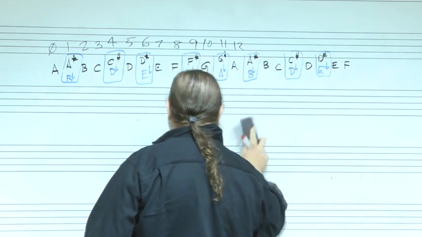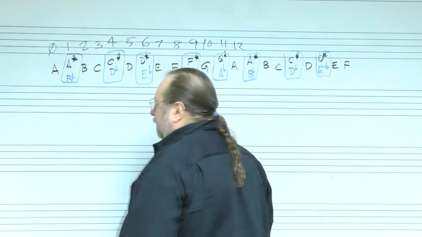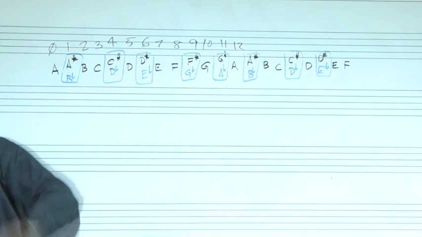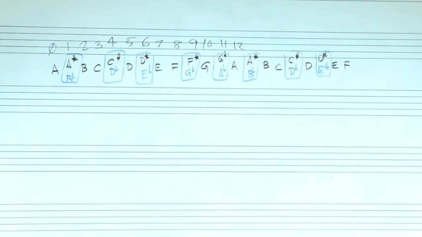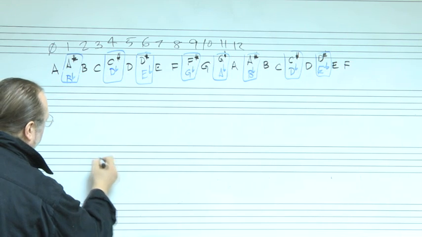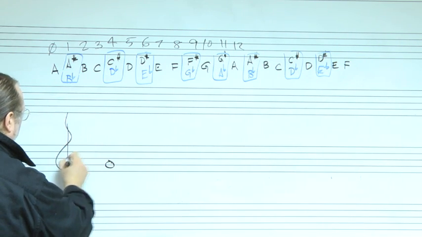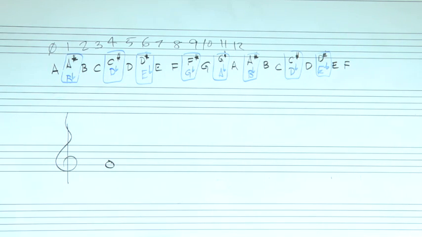Now let's start with a couple little exercises. Pick a note, any note. G. Okay, so step 1, to write out a major scale: alphabetical order first.